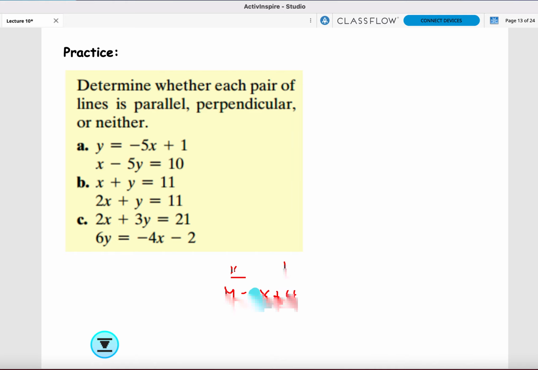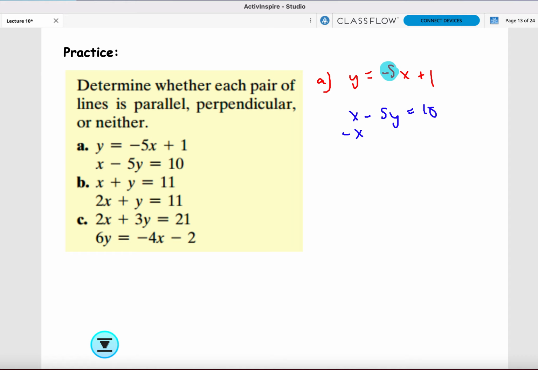Pause here to take a look at these practice problems. You want to find out if they're parallel, perpendicular, or neither. So I'm going to go ahead and just solve for this, right? So A, we have y equals negative 5x plus 1. So we already know what the slope is here. It's right there. The second one is x minus 5y equals 10.